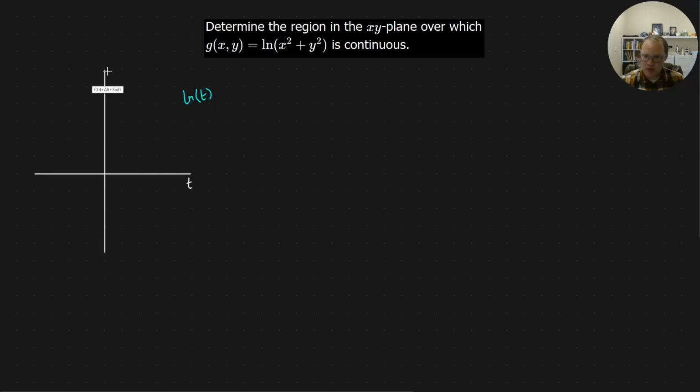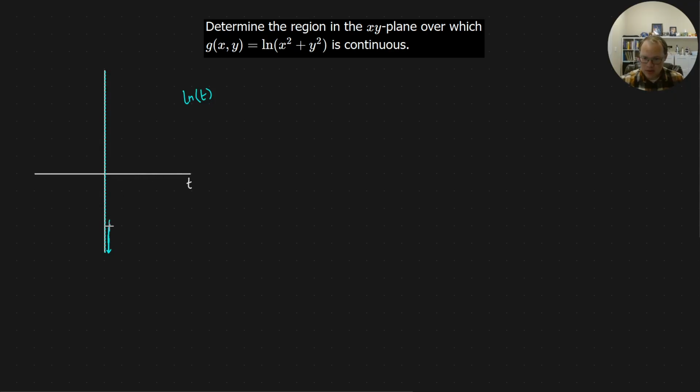What's the graph of natural log of t? If you recall, the graph of natural log of t has a vertical asymptote along the vertical axis, at t equals 0. And we approach that as t approaches 0 from the right.